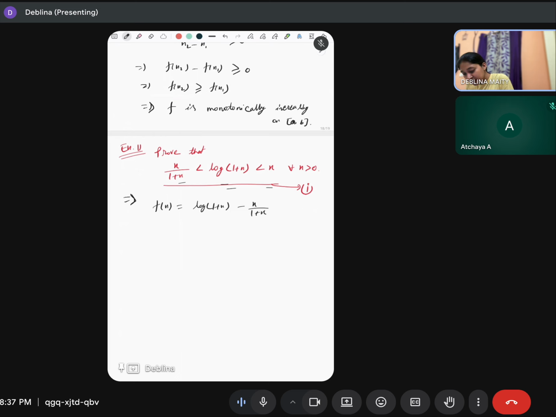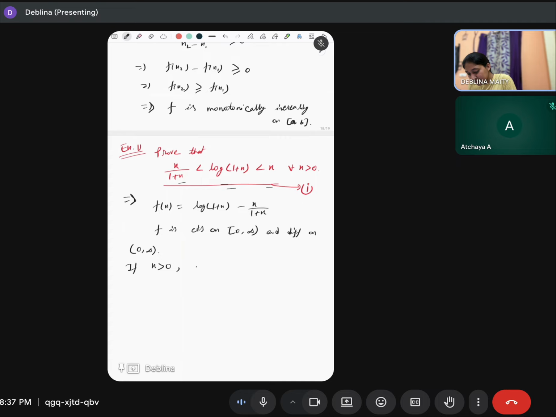Now what is f dash? This f is continuous on closed 0 to infinity and differentiable on open 0 to infinity.